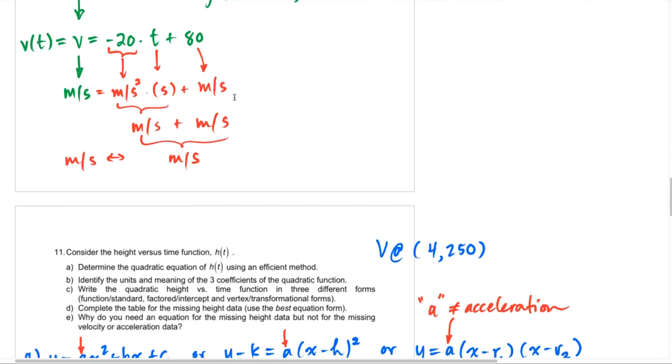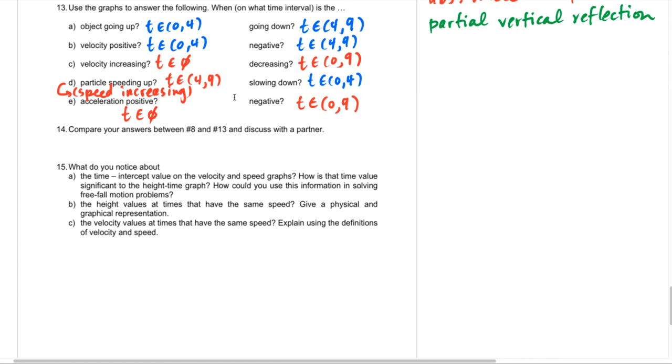So this is very interesting when we start to make some connections between height and velocity graphs, to recognize that they are linked by the common variable of time. So the time-intercept on the velocity and speed graph is the same as the time to maximum height. So let's write that here. t equal to 4 is the velocity and speed time intercept.